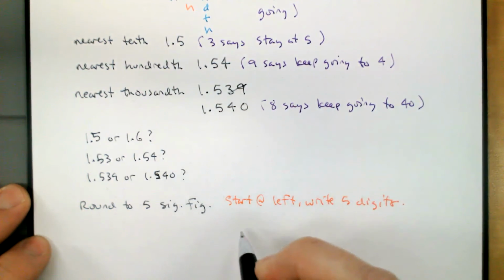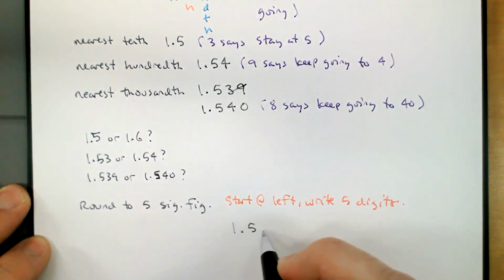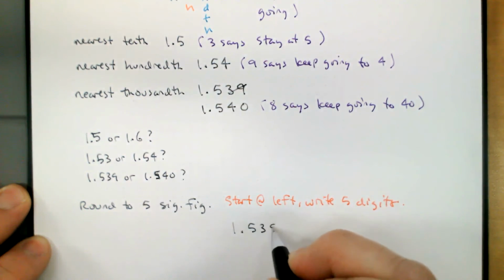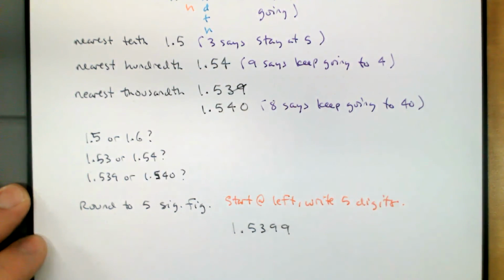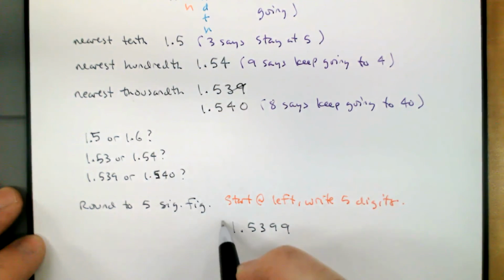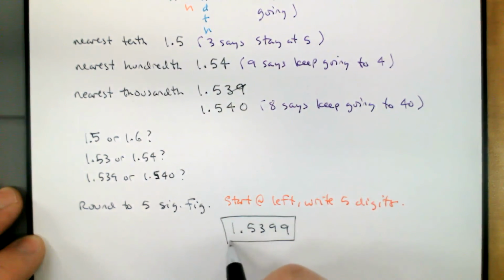So we would write 1, 2, 3, 4. The next one is 8. That would be the 5th significant figure, but the 6 says 8 should become a 9. There's 5 significant figures. There's 5 digits written.